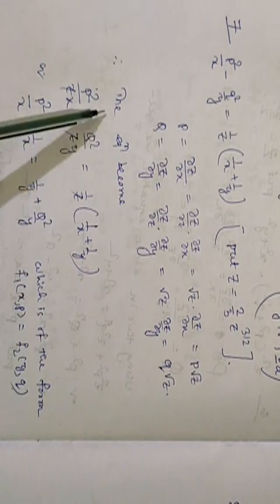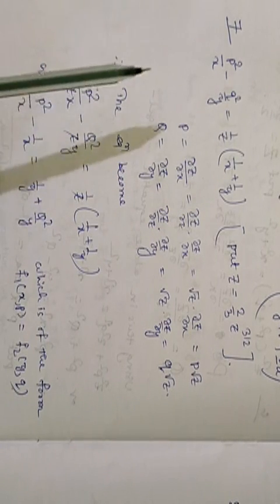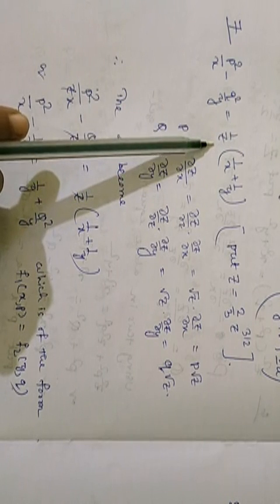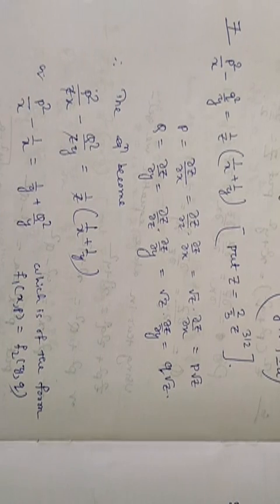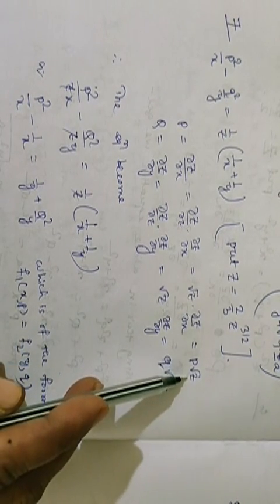Now the given equation can be written as follows. Look here, capital P is equal to small p root z.